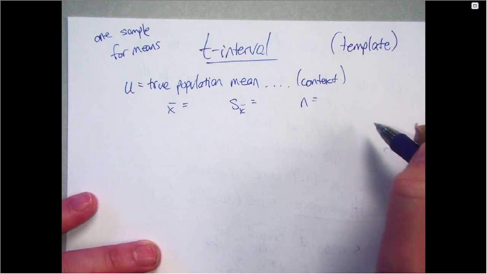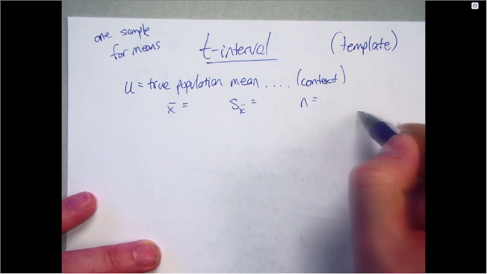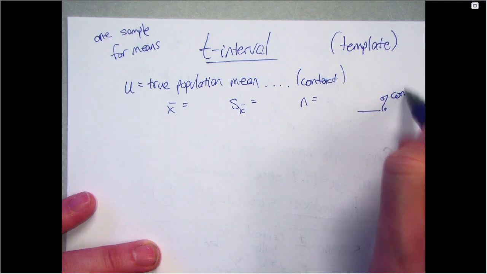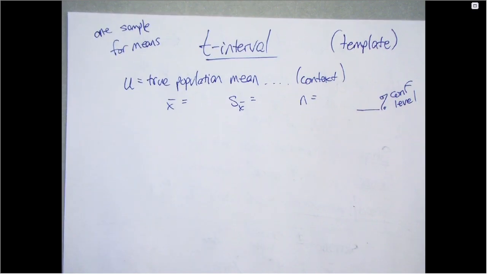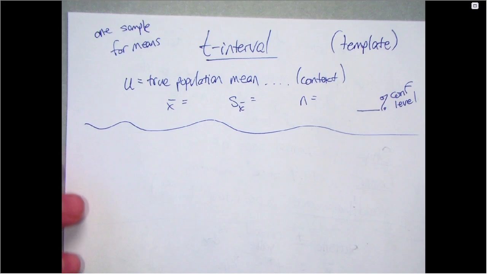You'll have a blank percent confidence level. So they'll tell you 90, 95, 99, whatever. That's like your intro.